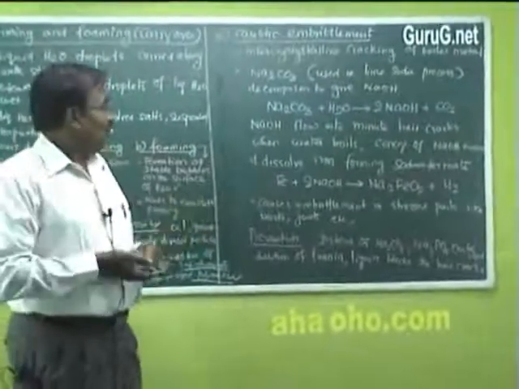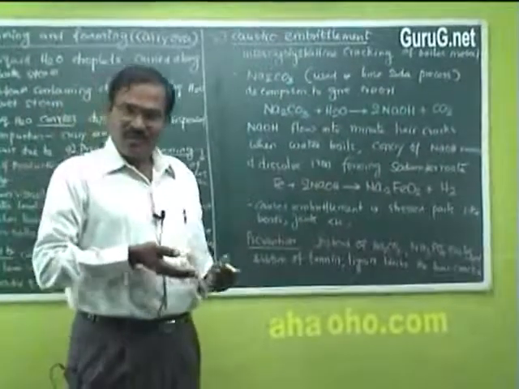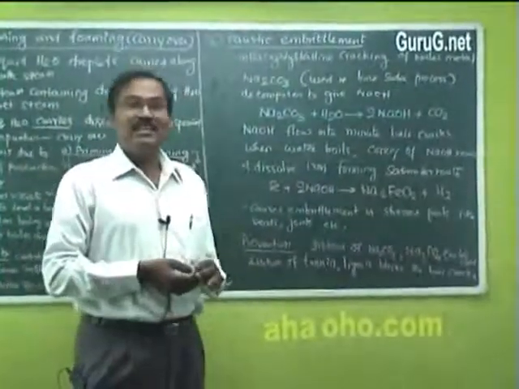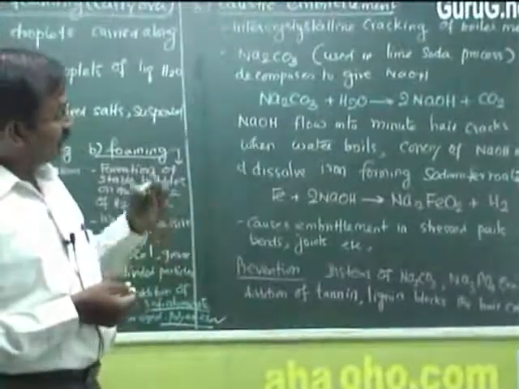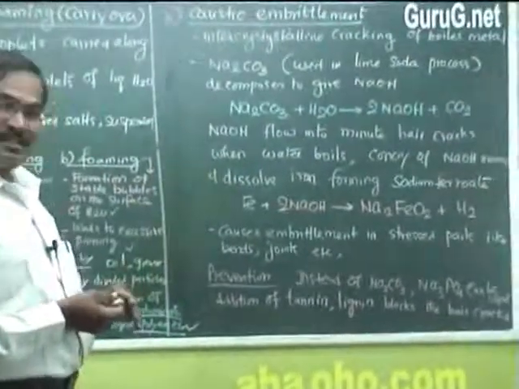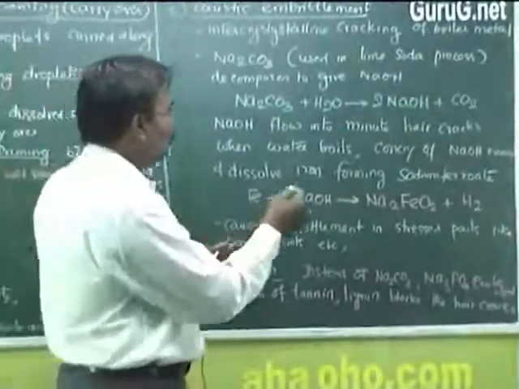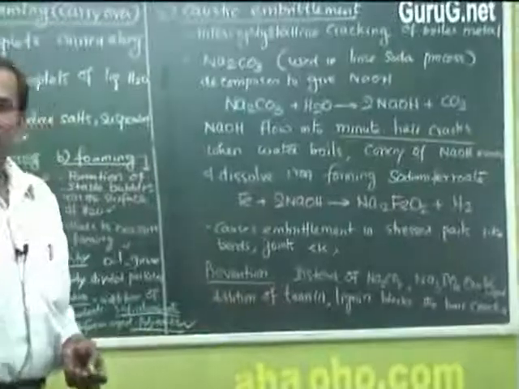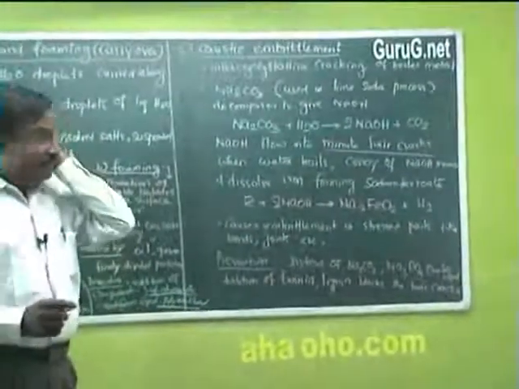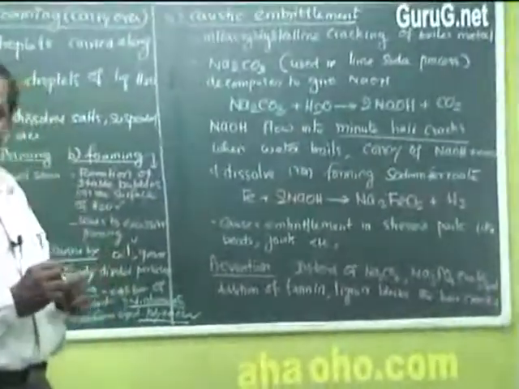So when water boils, the concentration of sodium hydroxide increases, and that concentrated sodium hydroxide goes into the hair cracks of the boiler metal.